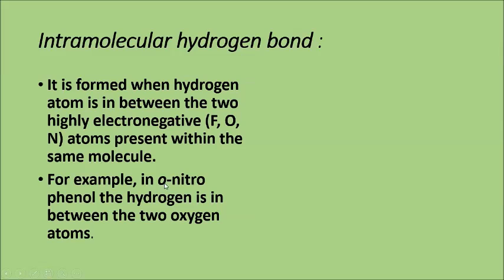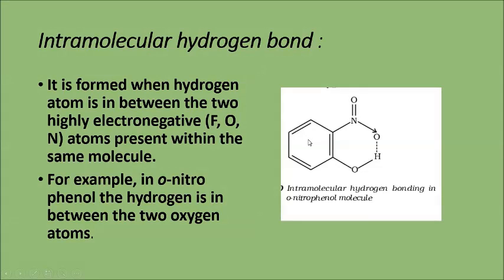An example is orthonitrophenol, where the hydrogen is in between two oxygen atoms. Here a benzene ring has the functional group OH, and in the adjacent position a nitro group. The hydrogen bond can be formed between this oxygen and this hydrogen. The oxygen gets a partial negative charge and the hydrogen a partial positive charge, and these two are in the same molecule. So it is said to be intramolecular hydrogen bonding.